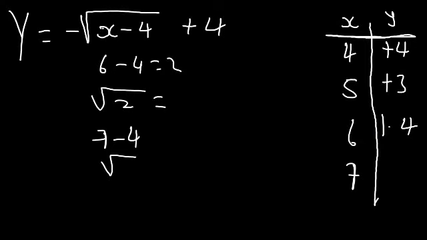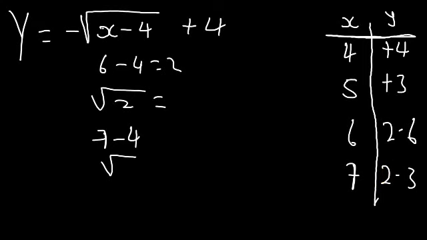So instead of 1.4 plus 4 being 2.6, we are supposed to have 2.6 right here for x equals 6, and for this one, we have 1.7, 4 minus 1.7, that's 2.3. Let me check properly. Yes, that's 2.3.